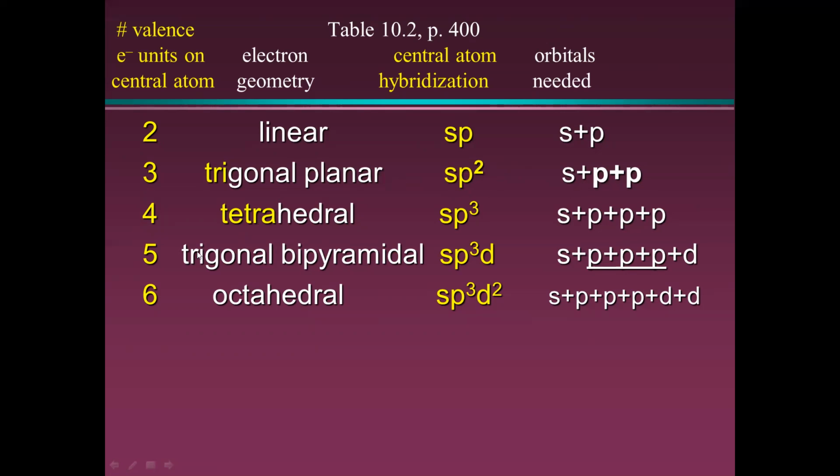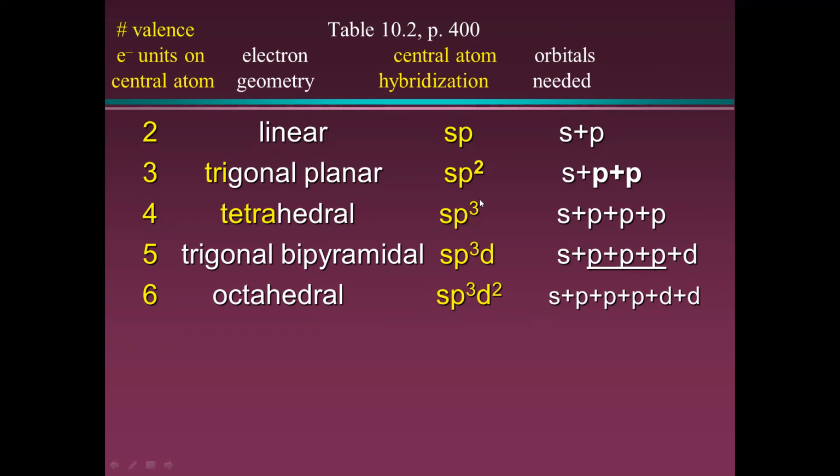So if we have 4 electron units, the electron geometry, as we learned, will be tetrahedral. Tetra means 4, right? You have 4 units, which means you need 4 hybridized orbitals. The 4 hybridized orbitals can be formed by sp3.